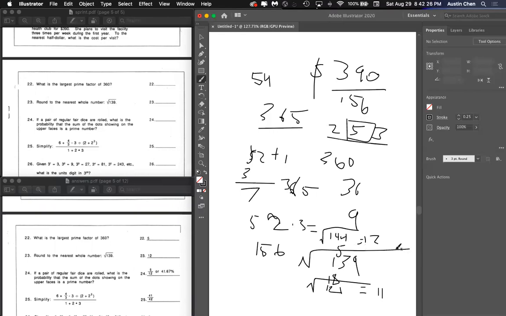So you can just say that this will be rounded to 12. If it was closer though, you have to be more careful, because if you square root something, it's not the same scale as a linear scale, right?